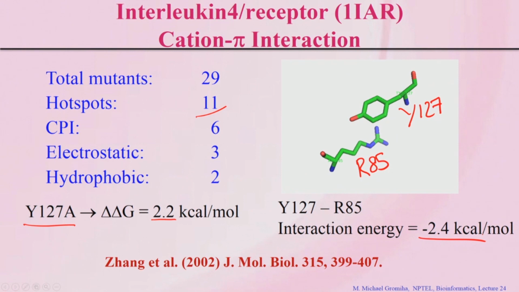If you calculate the interaction energy, this is 2.4 kilocalorie per mole, the van der Waals plus the electrostatic interactions. So in this case, these two residues are very important to form the interaction, specifically the cation pi interaction in this particular interleukin 4 receptor complex, right, fine.